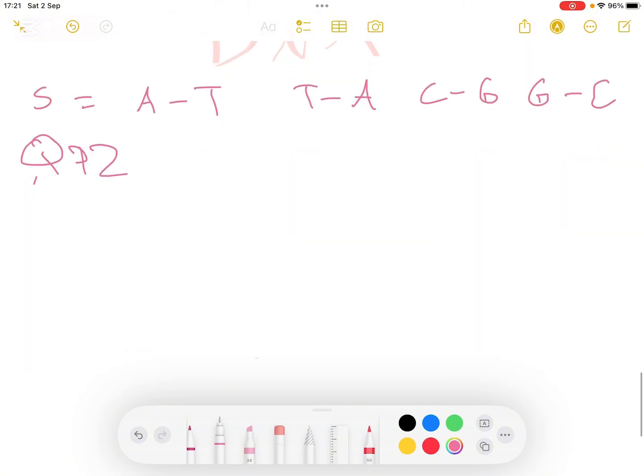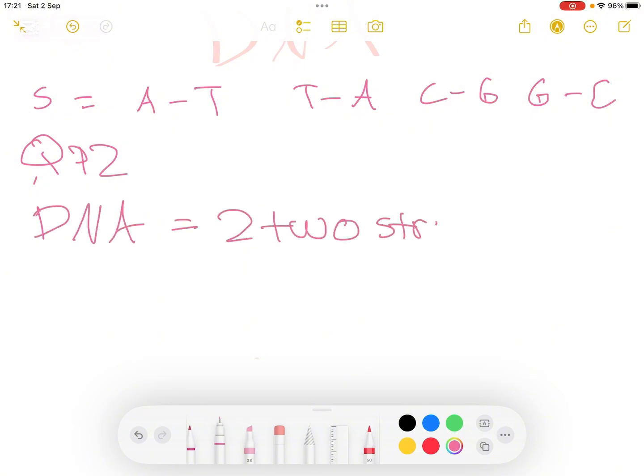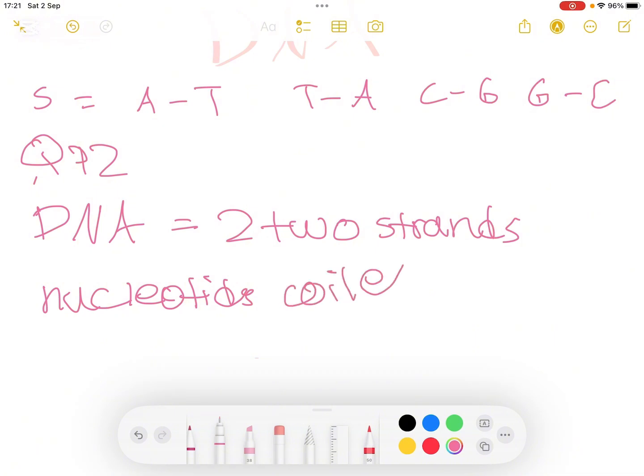Okay, and now we have to describe the structure of DNA. You need to know that DNA is made up of 2 strands of something called nucleotides coiled to form a double helix.